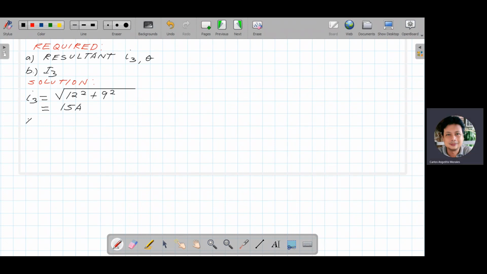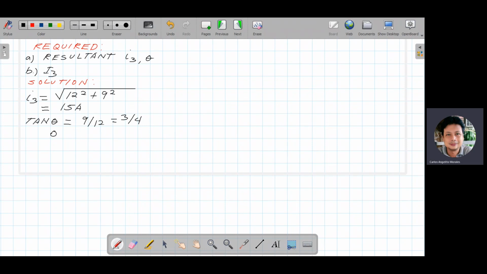Tangent theta is equal to 9 over 12. Itong dalawa yan. Which is equal to 3/4. Then, kunin mo yung arctangent on both sides.